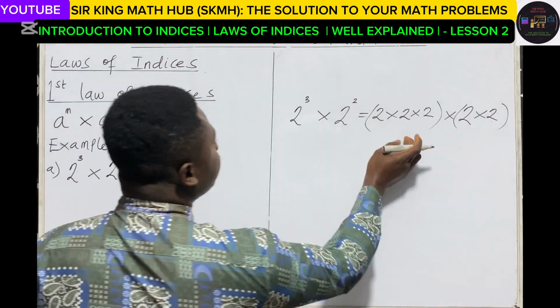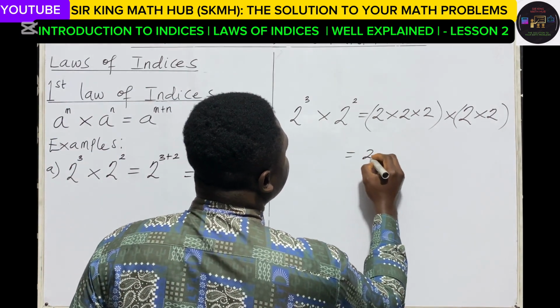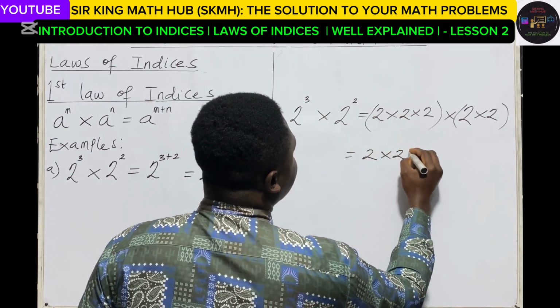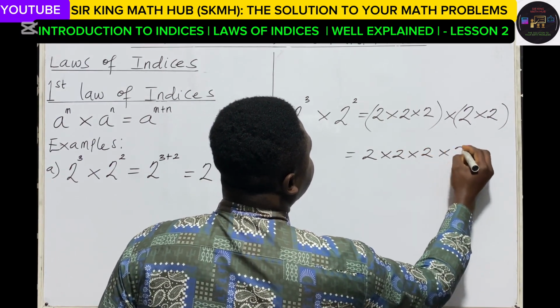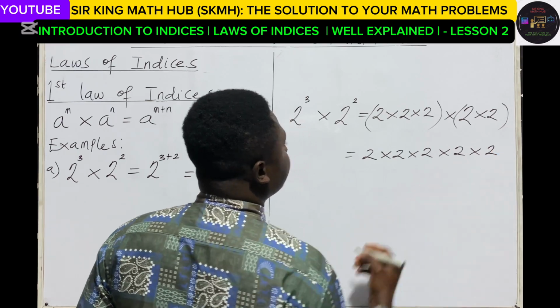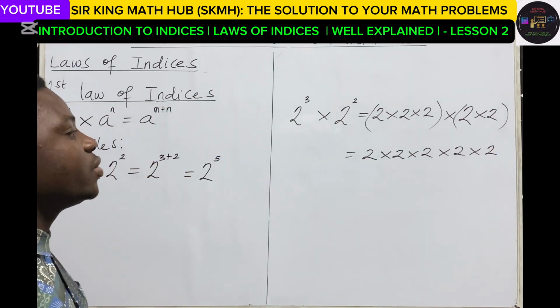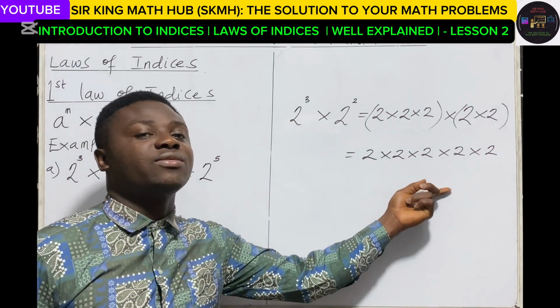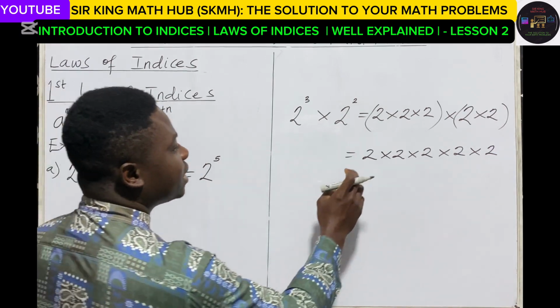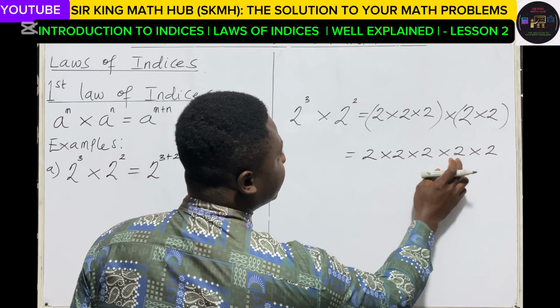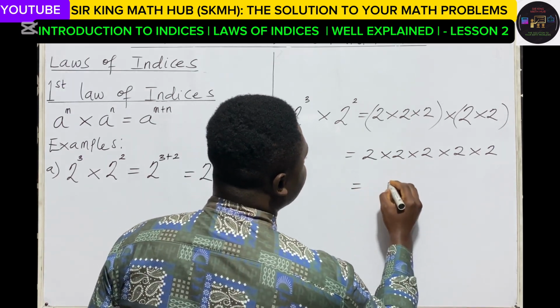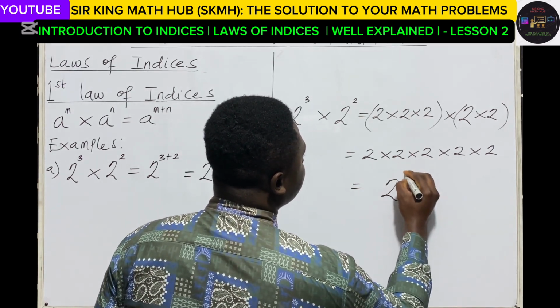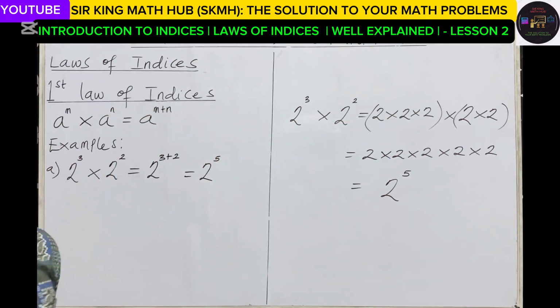So when we remove the brackets, we have 2 multiplying itself 5 times. And from our first lesson, how do we write this expression in index form? So you can see that 2 is being multiplied by itself 5 times, and this could be represented as 2 index 5.